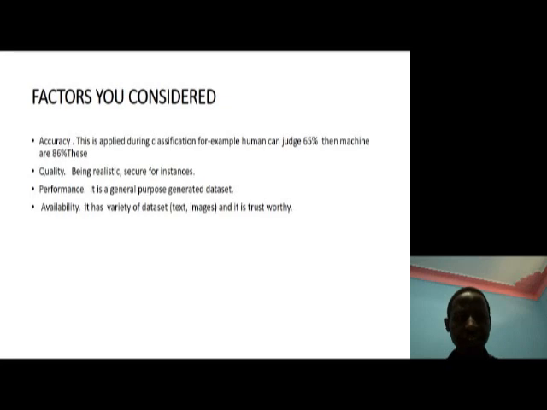The factors why I chose the data set: first, accuracy. During classification, for example, human beings usually judge at 65%, and then machines are at 86% at highest. Another factor is quality, being realistic and secure for instances that are applied.